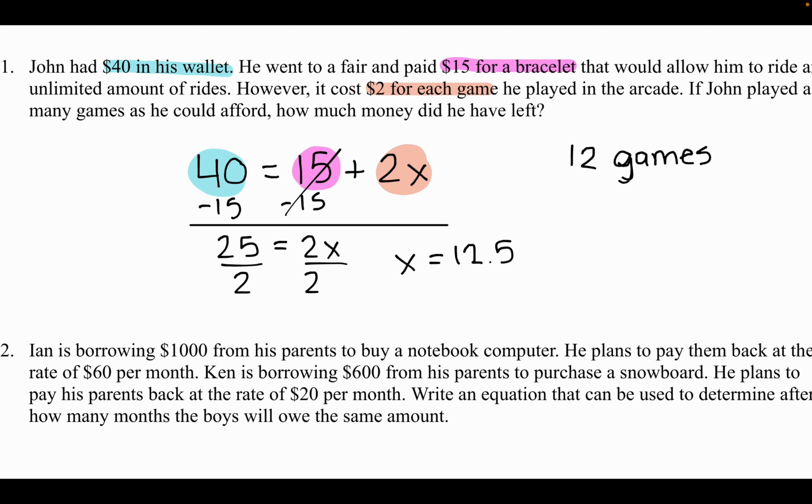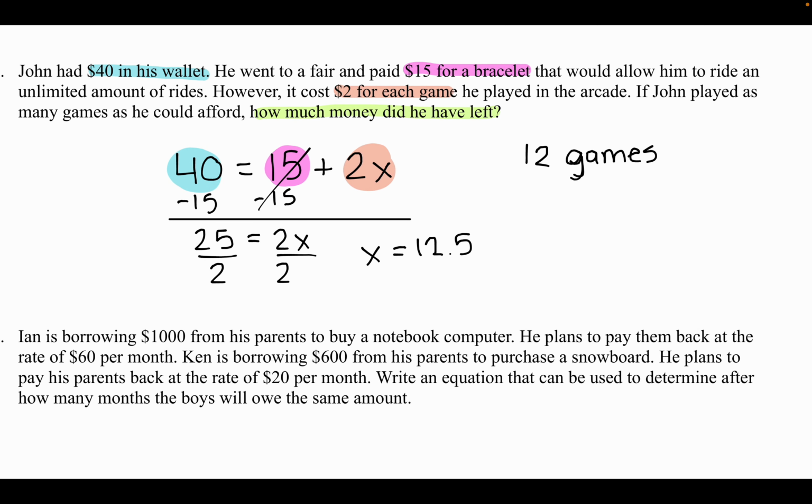So if you want to know how much money he had left over, which is what they're asking for, we're going to plug 12 in for X and find out how much he paid to play 12 games and then subtract that from 40. So we would do 15 plus 2 times 12, and you get 15 plus 24, which is 39.